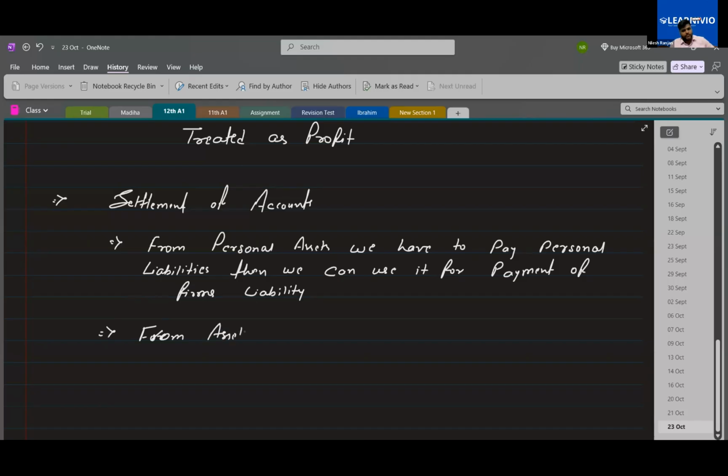Assets of the firm, actually not for assets of the firm.